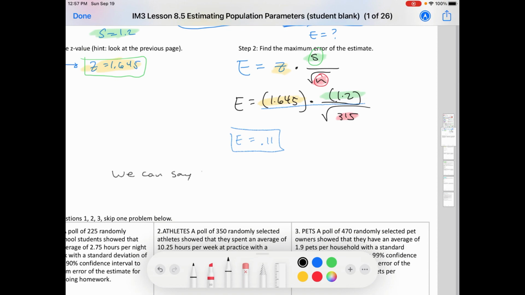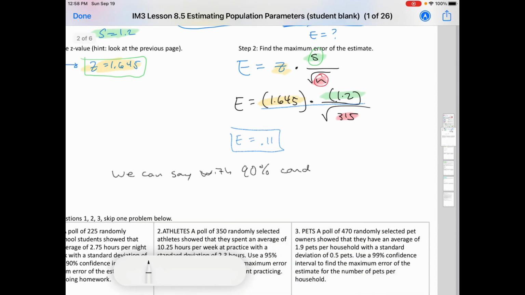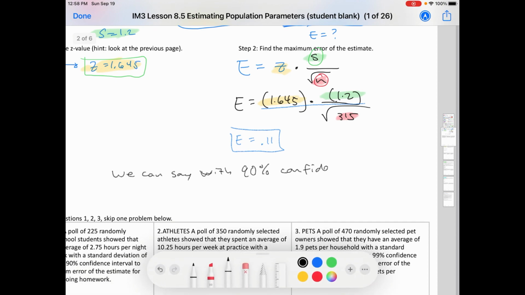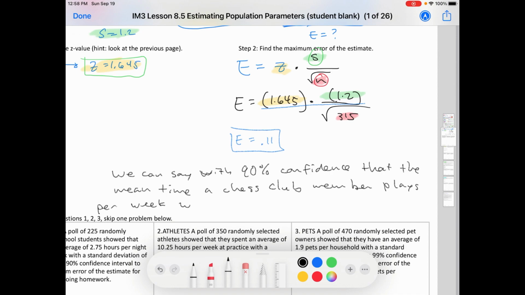We can say with 90% confidence, can't spell confidence confidently, confidence, that the mean time a chess club member plays per week within 0.11, that's from when we got above, hours of the sample mean time.